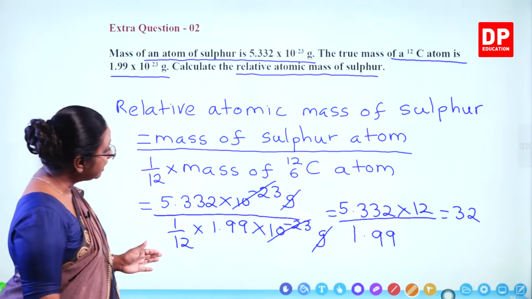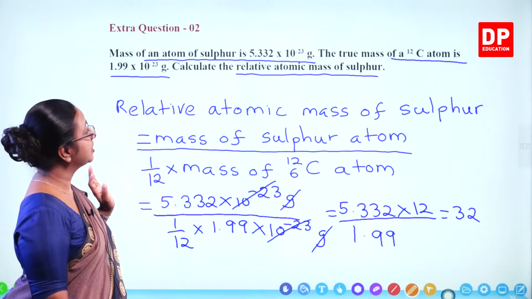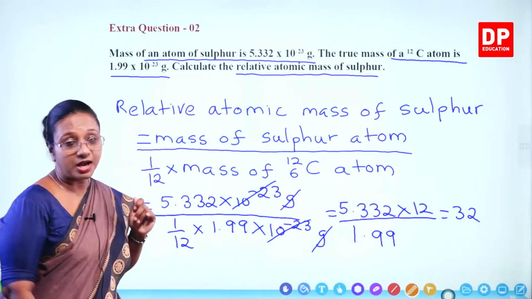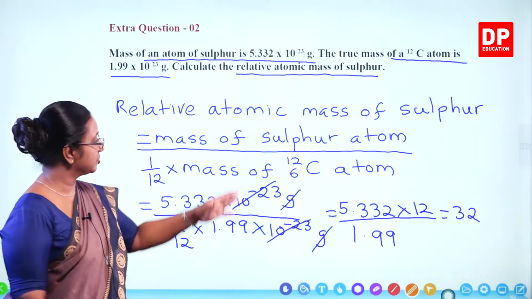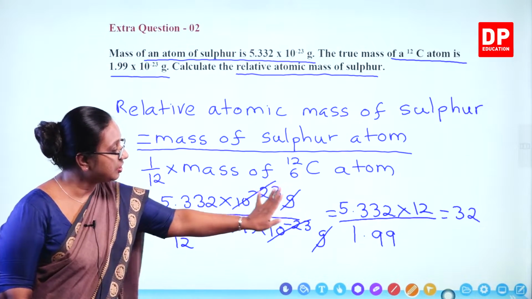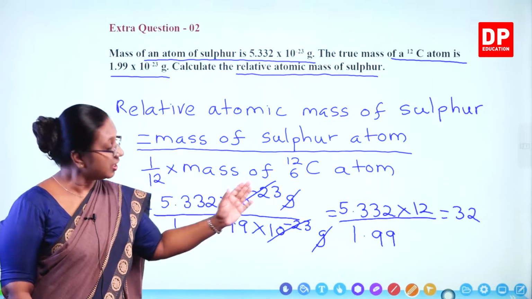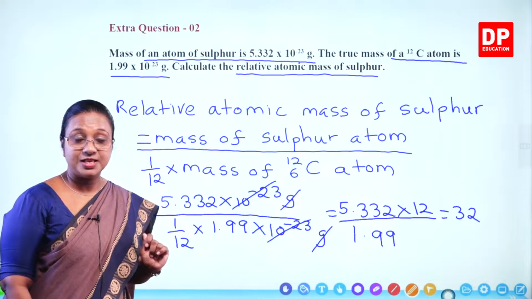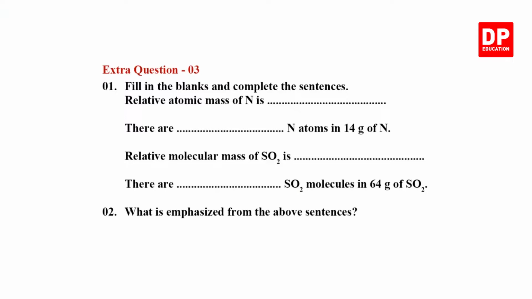So this is a very direct calculation, students. They can give you the mass of the atom, mass of carbon, and ask you to calculate the relative atomic mass. So directly you have to write the equation, substitute, and find the value. I am sure you were able to do this. With that, I will move on to the next question.